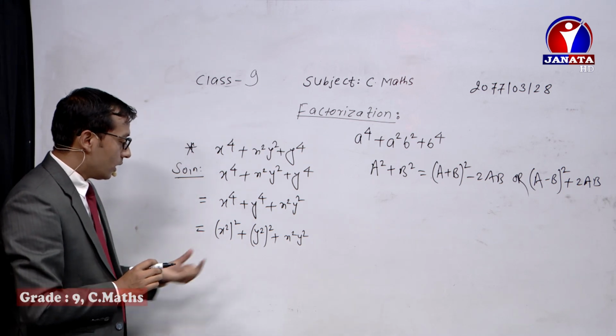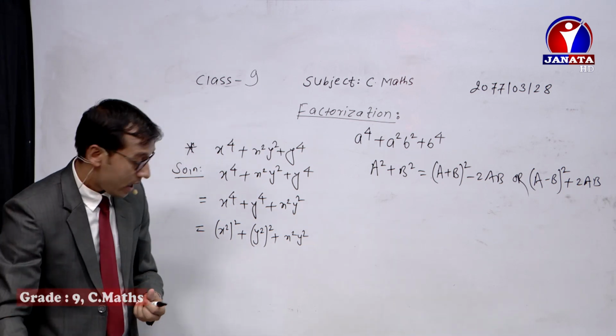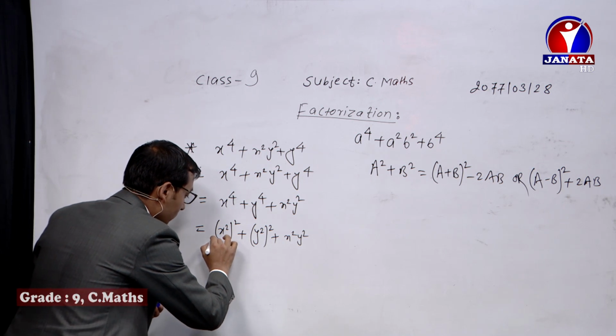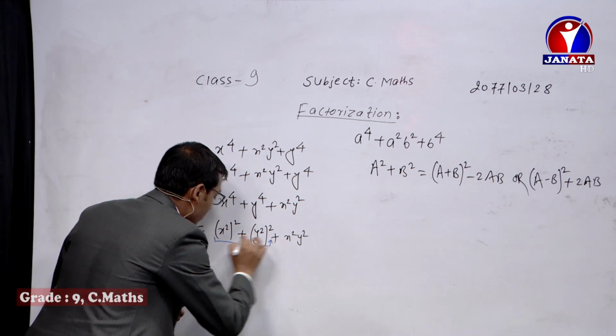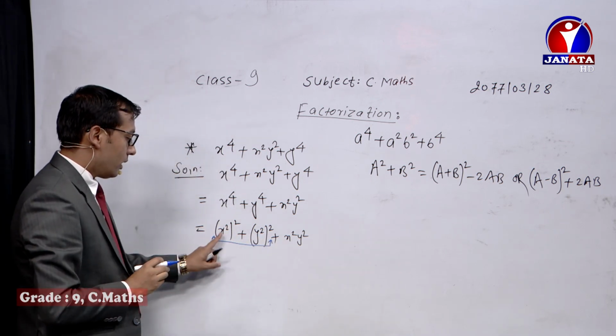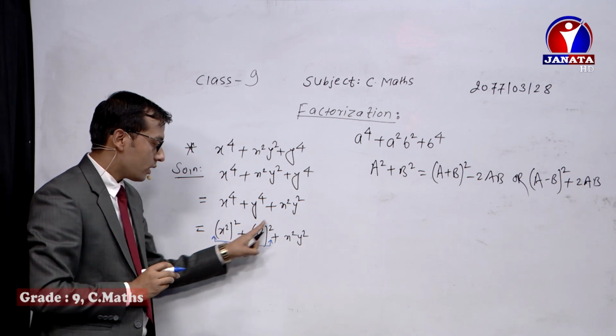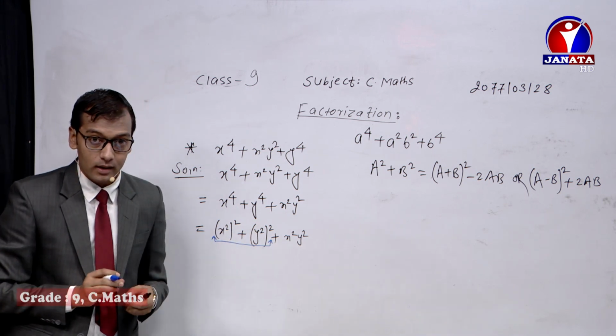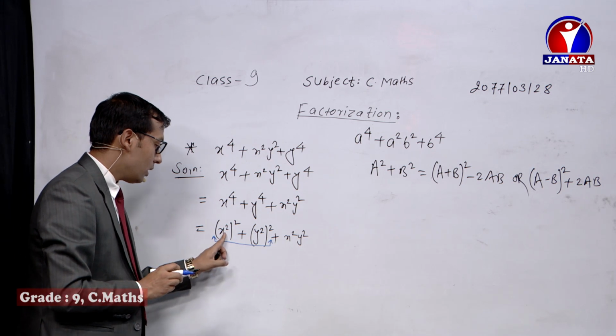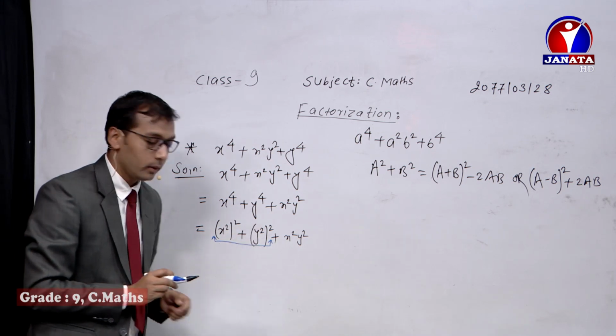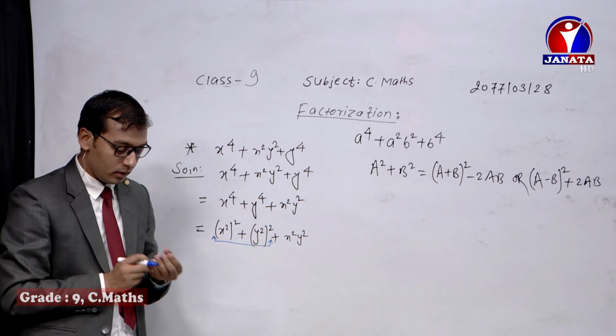So if we look at the first two terms, x square whole square plus y square whole square, it is in the form of simply a square plus b square.